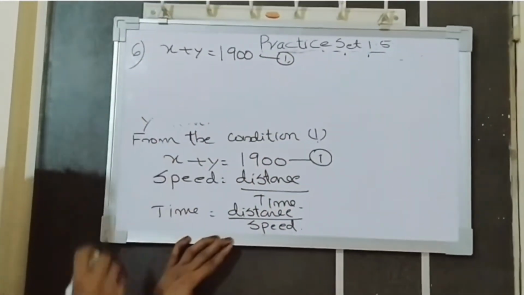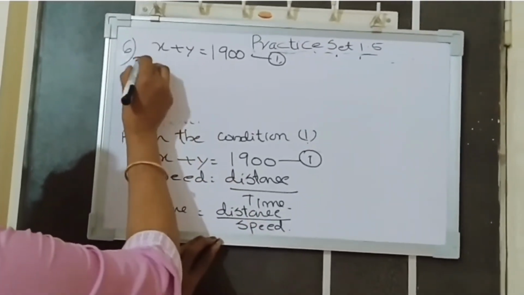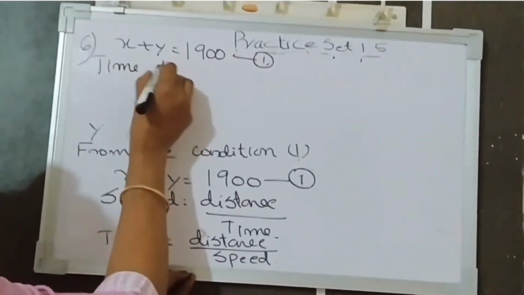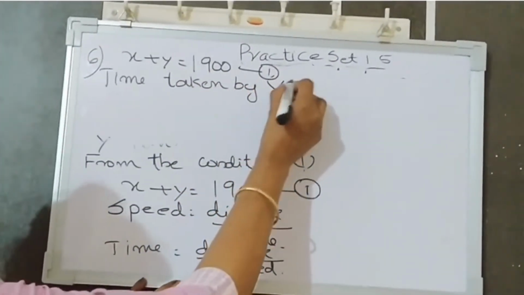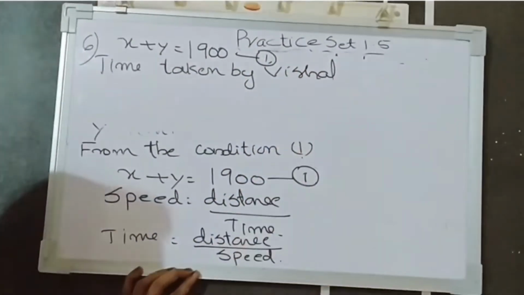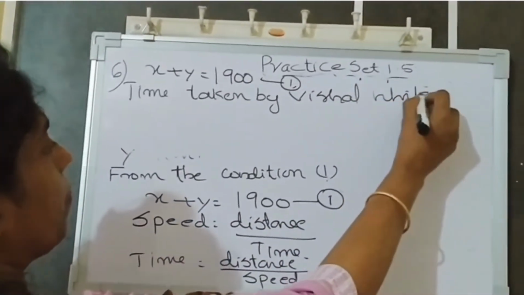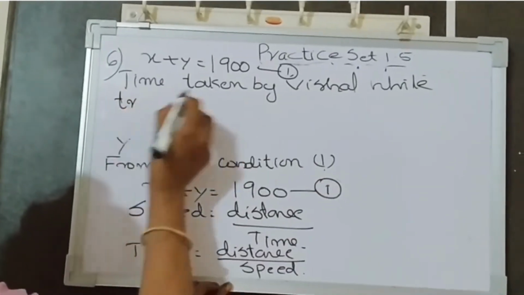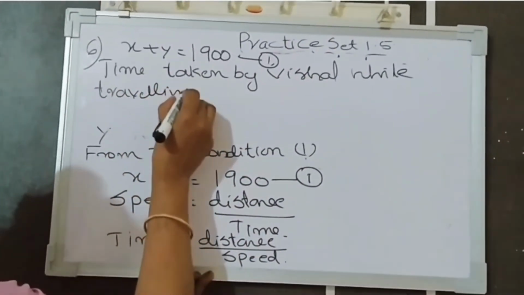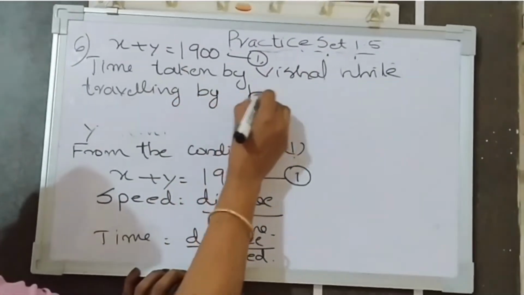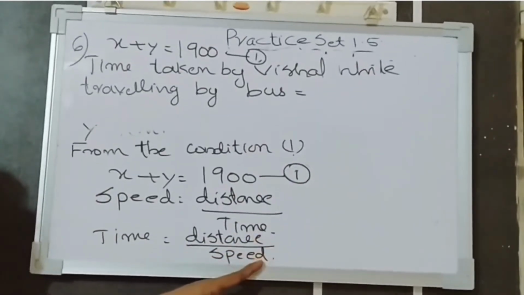Then the time taken by Vishal while traveling by bus is equal to distance upon speed.